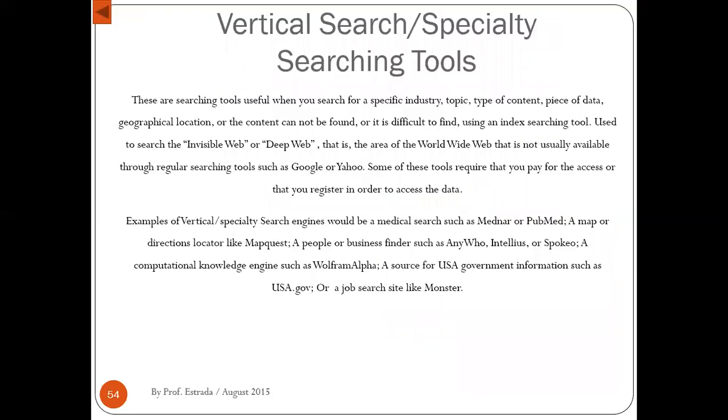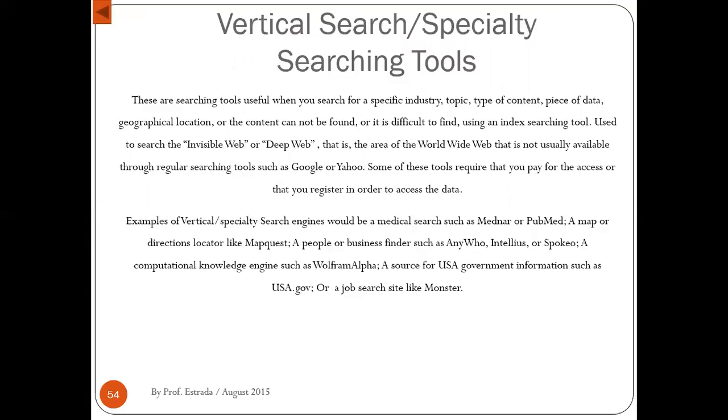The fourth searching tool available to us when doing searches in the internet is the one called specialty searching tools, sometimes also called vertical searching. These are searching tools useful when you search for a specific industry, topic, type of content, piece of data, geographical location, or when the content cannot be found or it is difficult to be found using an index searching tool.